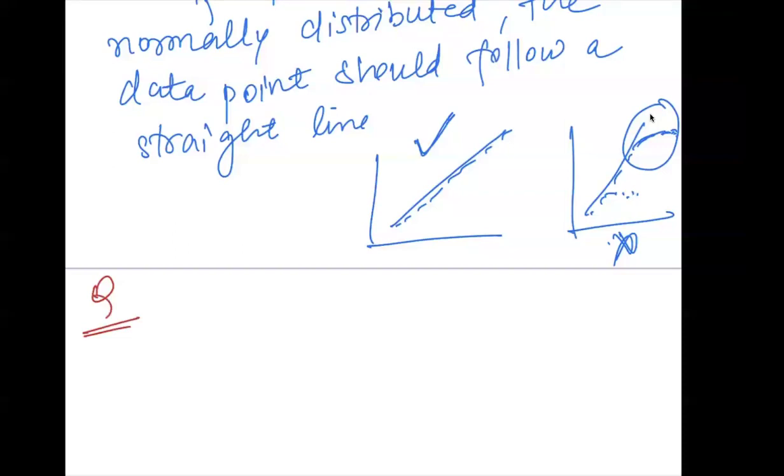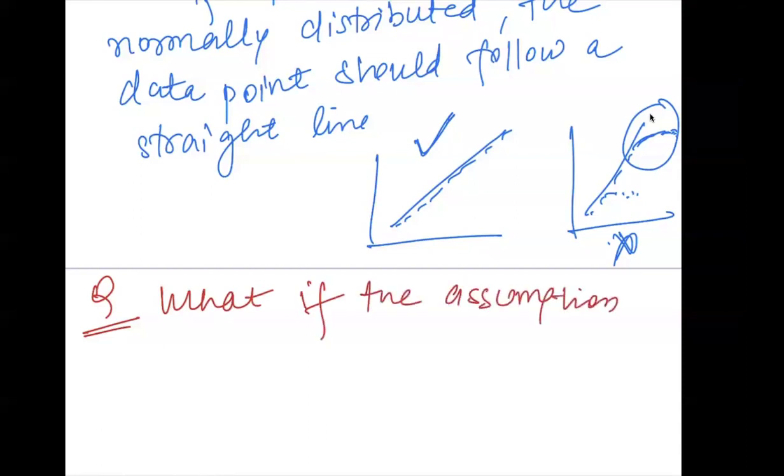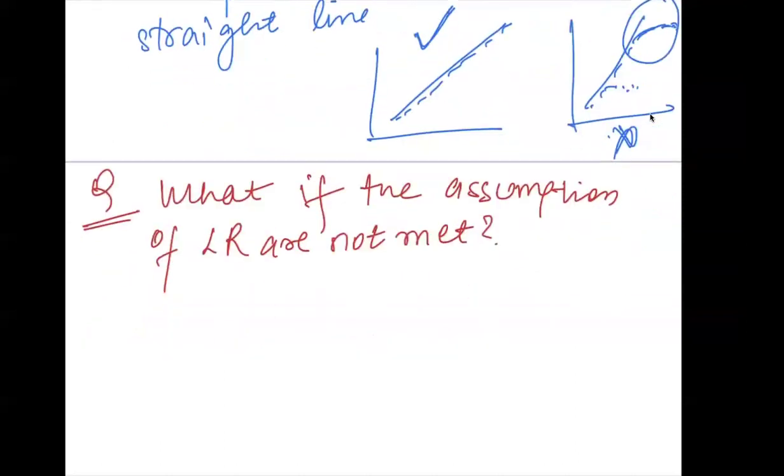What if the assumptions of linear regression are not met? What will happen? So what are the consequences is what I'm looking for.